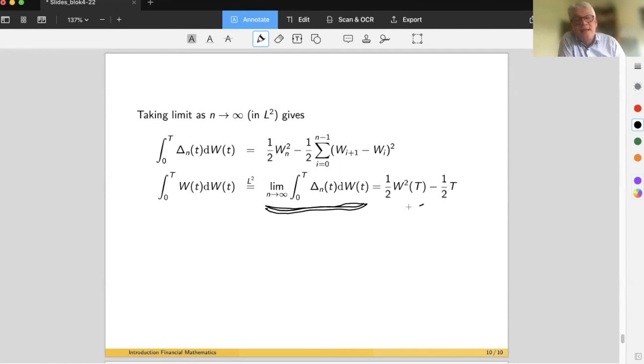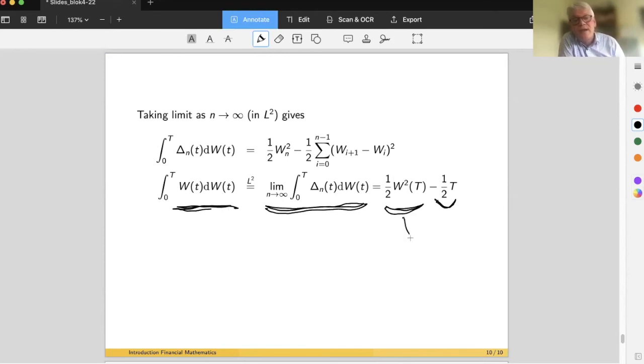And this is in fact the term that we expect, 1/2 times the integrand squared. And this is an extra term, right? And then the convergence in L2 tells us that this approximation will converge in L2 to the desired Ito integral from 0 to t of w_t dw_t.